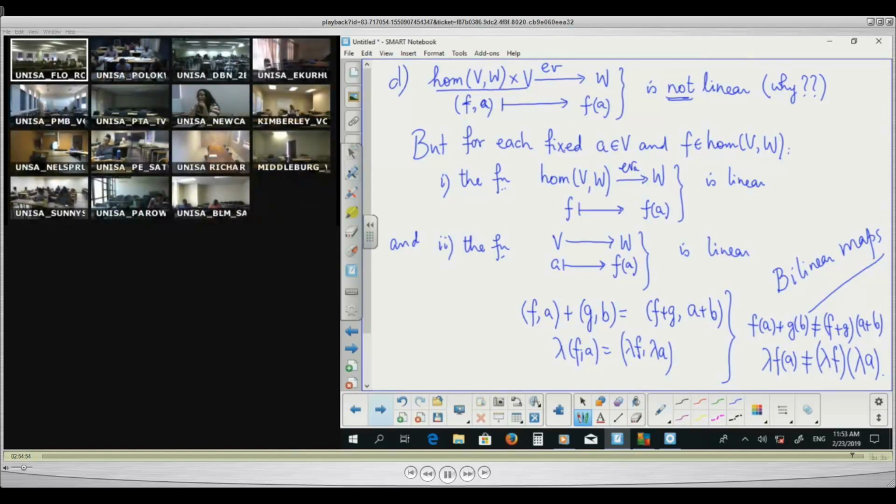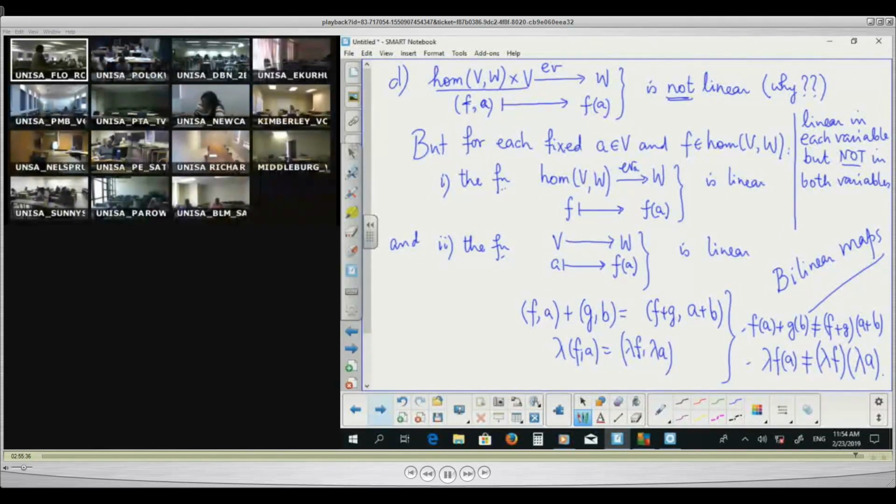It is linear in each variable, but not in both variables. Linearity in both variables would actually mean equations in this and this. So it is not linear in both the variables, but it is linear in each variable.